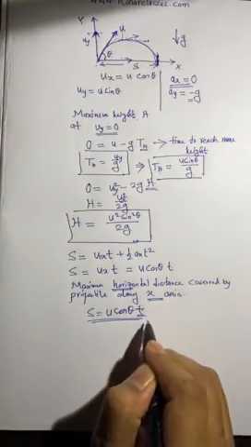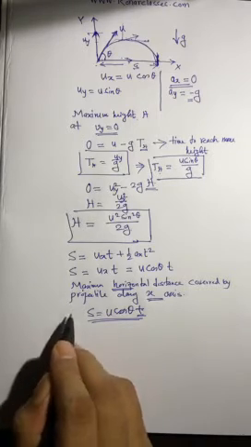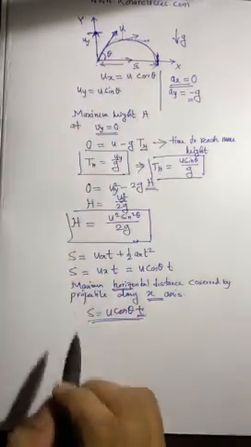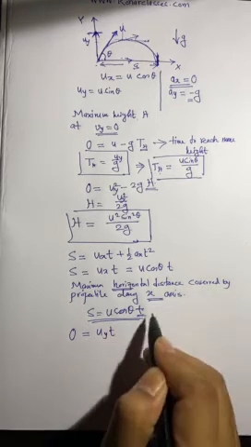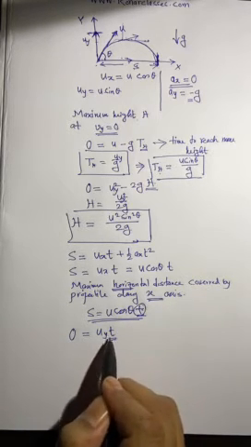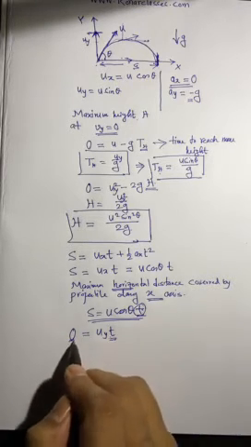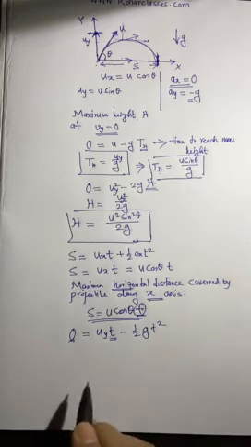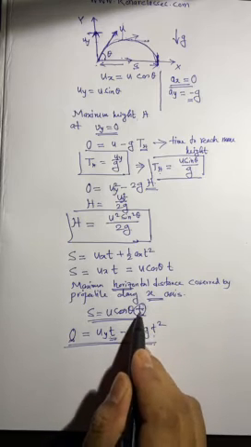So considering the y direction, the displacement is 0, which gives uy t minus half g t square, with the same time t as for the x direction.